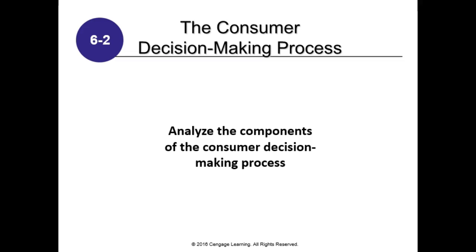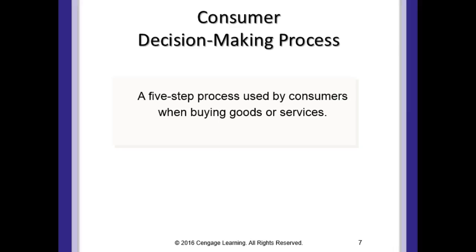Now, analyzing the components of the consumer decision-making process, it is a 5-step process. Whenever you go through and buy a product, a good or a service, the consumer decision-making process represents the 5 steps that move from recognizing a need to evaluating a purchase decision.